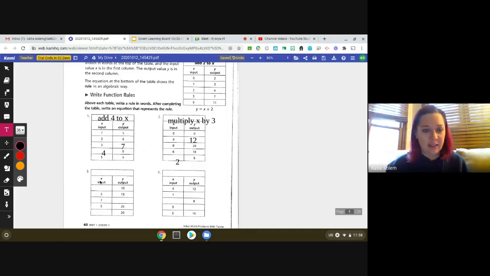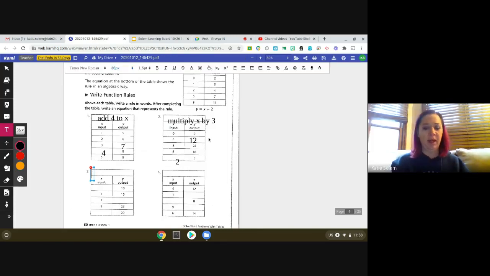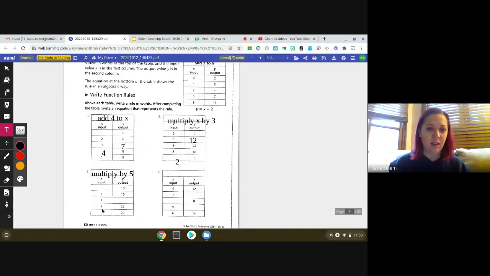We have this number going in, this number coming out. 3 went in, 15 came out. 5 went in, 25 came out. Can you tell what we're multiplying by? We are multiplying by 5. Good, because 3 times 5 is 15. 5 times 5 is 25.